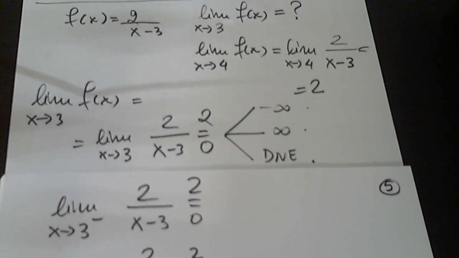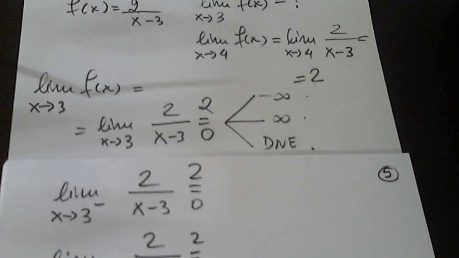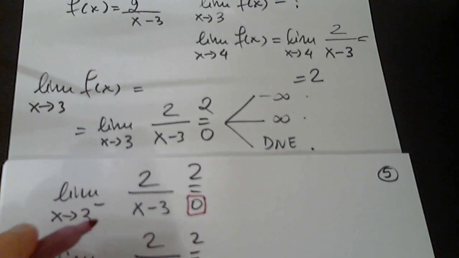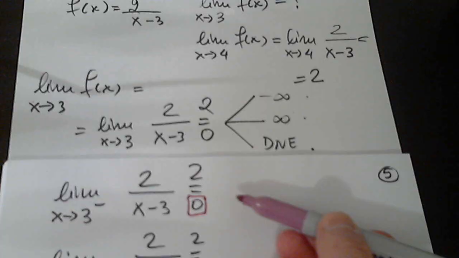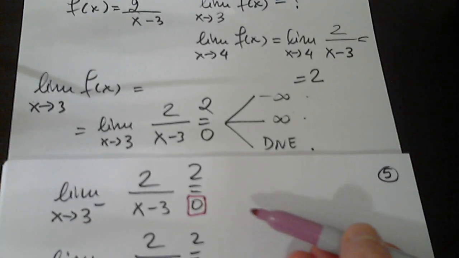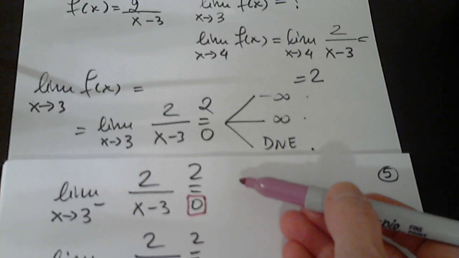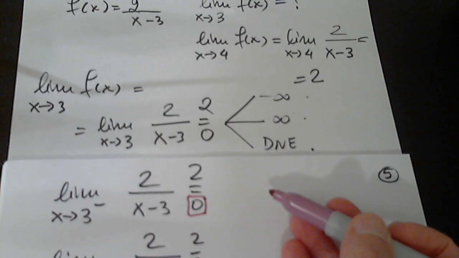But now I want to determine the sign of 0. I need to know if the function is coming from the left of 0 or from the right of 0. If it's coming from the right of 0, positive over positive will be infinity. If it's coming from the left of 0, positive over negative will be negative infinity.